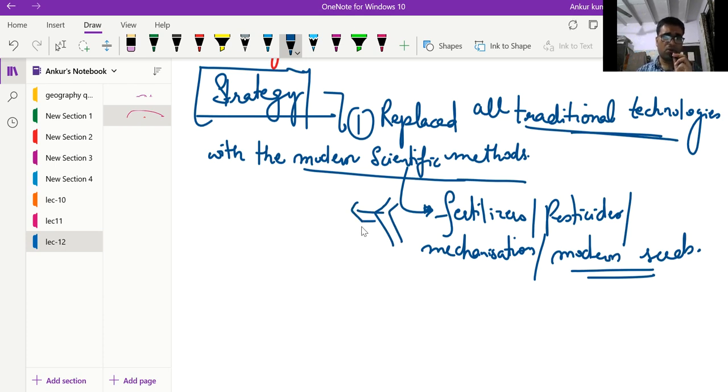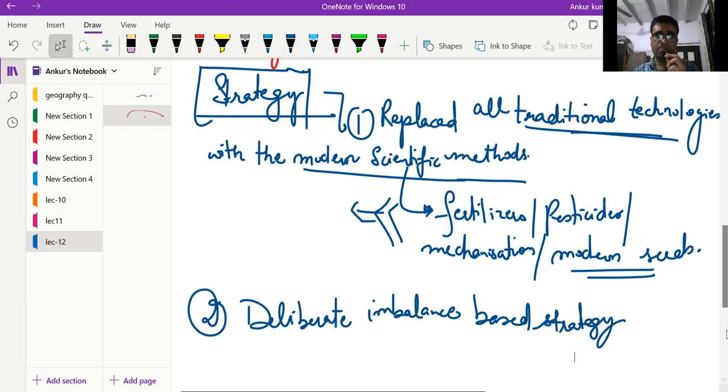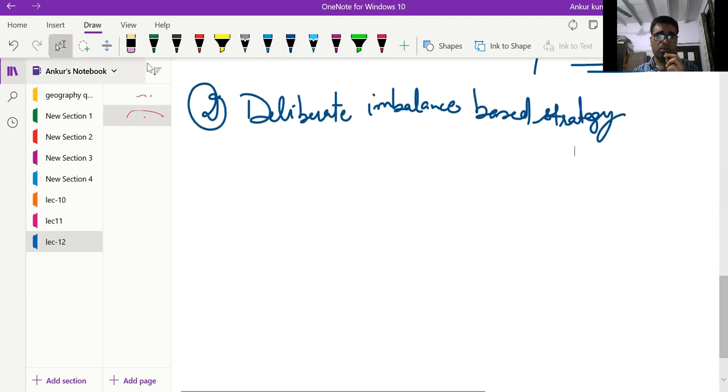The second strategy that we adopted was the deliberate imbalance based strategy. Why am I saying it was a deliberate imbalance based strategy?